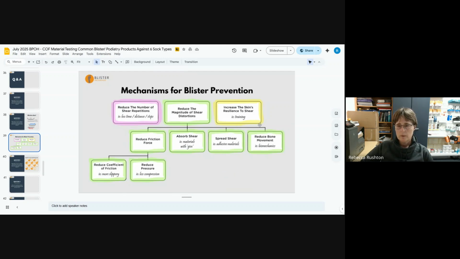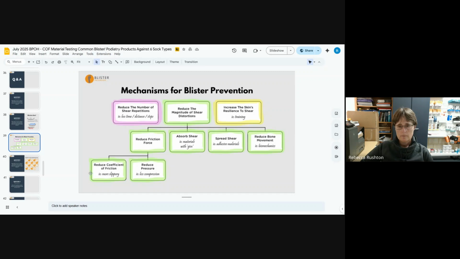And essentially EB is just saying that the skin's internal resilience to shear deformation is much lower than your average person by far. So this is very, very low. So again, this is low. We want to maximize the activities of daily living and being active. So we have to do everything that we can here to reduce the magnitude of shear distortions. And it could involve any of this.